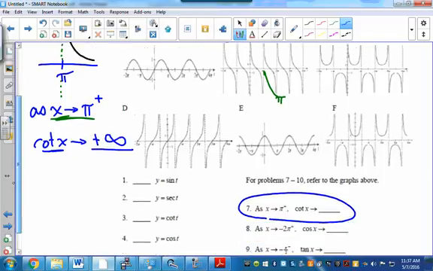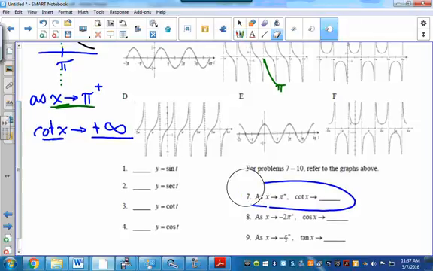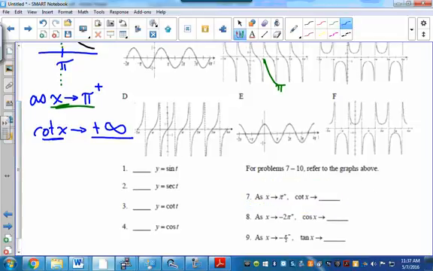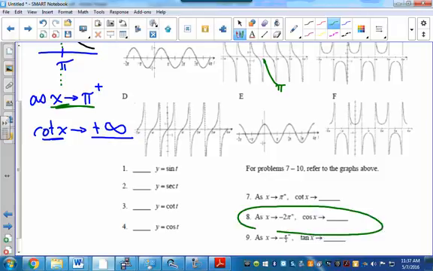One more example quickly. This was another limit type problem, even though we didn't use the terminology. This says, look at the cosine graph, which is pretty easy. That's this one right here. Here's the cosine graph. You should certainly recognize that. It's a wave. And it says, as x approaches negative 2 pi from the right.